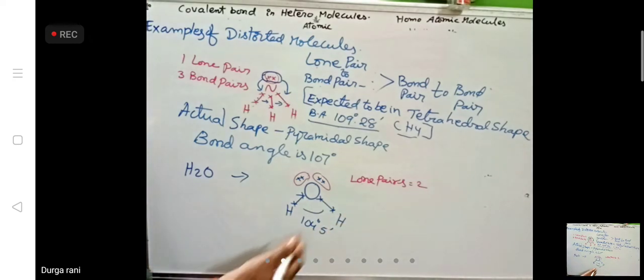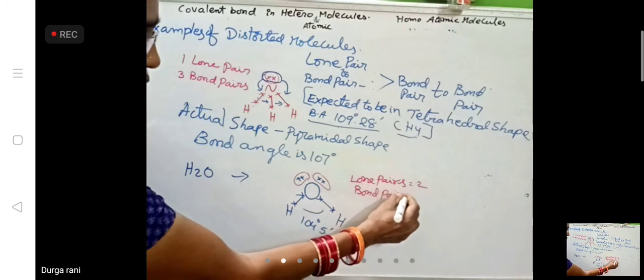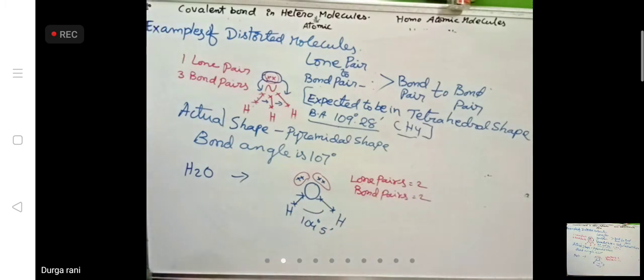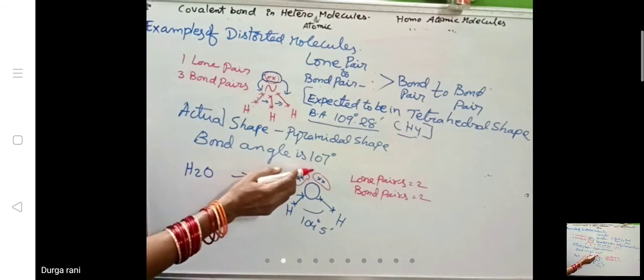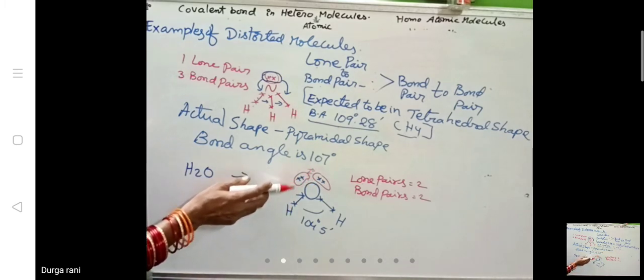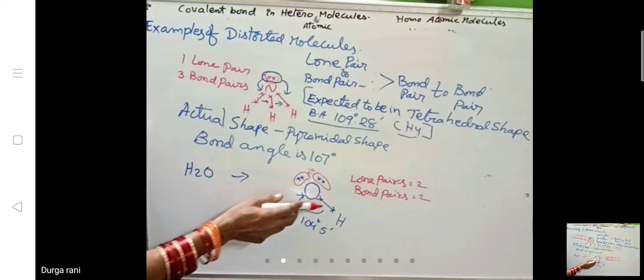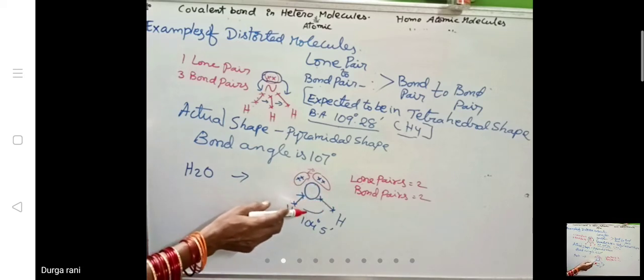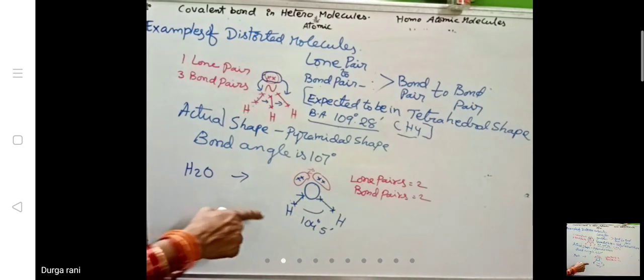How many bond pairs are there? Now you see what types of repulsive forces are possible: one repulsive force between these two lone pairs. Next, another force is lone pair and bond pair. Here also lone pair and bond pair. But here again another repulsive force is bond pair and bond pair. Is it clear for you?